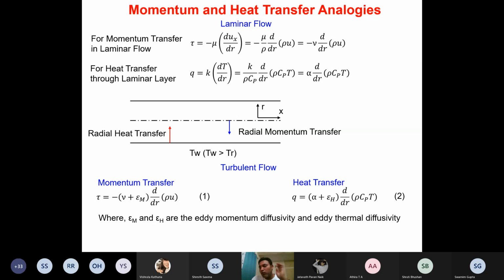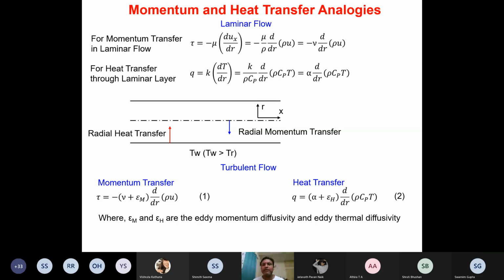By doing this, we don't explicitly require correlations for the heat transfer coefficient, and we can roughly find its values if we know how the friction factor is varying. If this knowledge is known, then we can find the heat transfer coefficient based on the analogy between momentum and heat transfer.